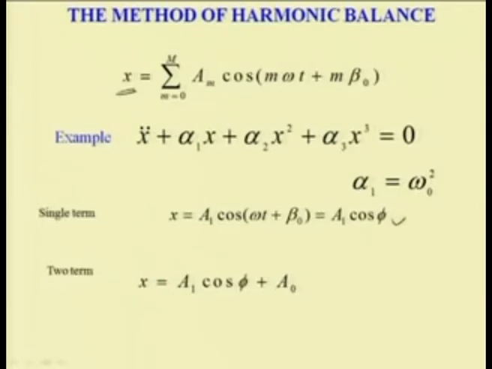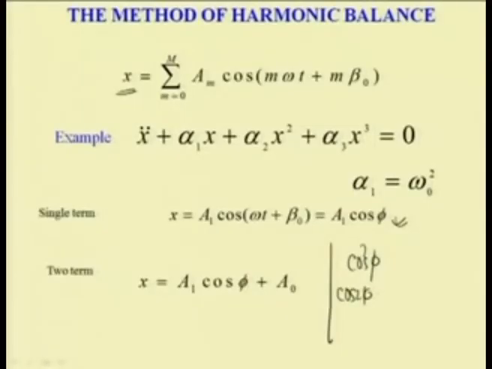So, if we are taking x equal to a cos phi, then x double dot will be equal to minus a omega square cos phi, as phi equal to omega t plus beta 0. Then alpha 1 into a 1 cos phi plus alpha 2 into a 1 square cos square phi. Then we have to write cos square phi in terms of cos 2 phi.